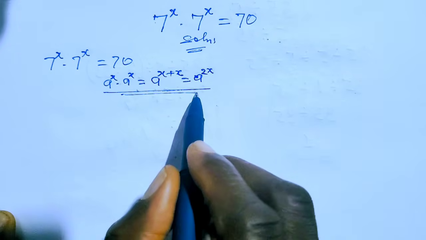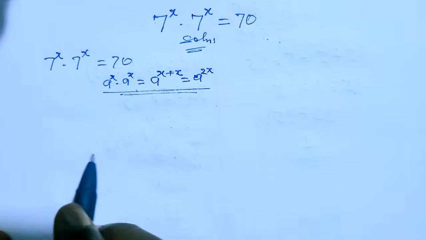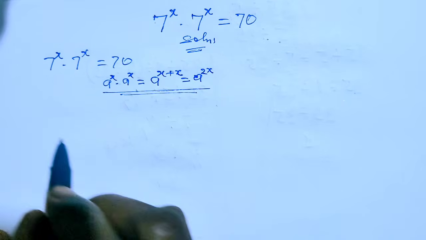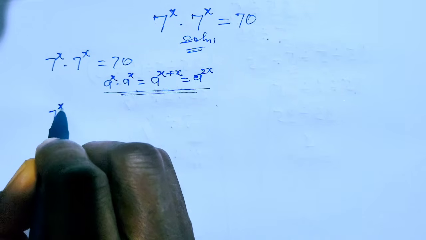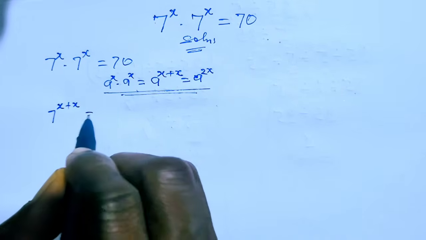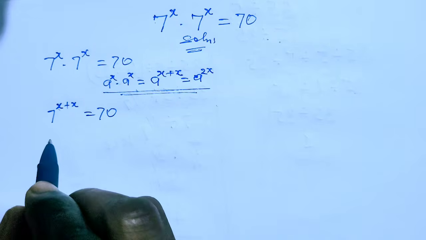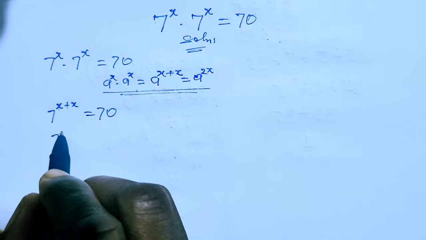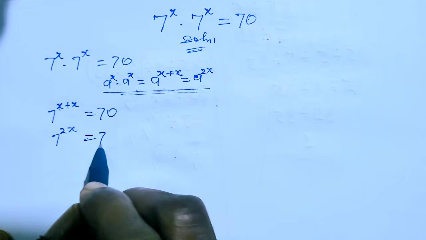Now, right here, we are going to apply this principle at this point. Here, we are going to have 7 to the power of x plus x equals 70. If you add up the powers, then we have 7 to the power of 2x equals 70.